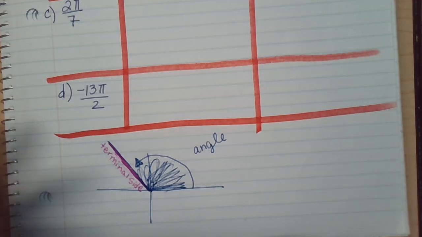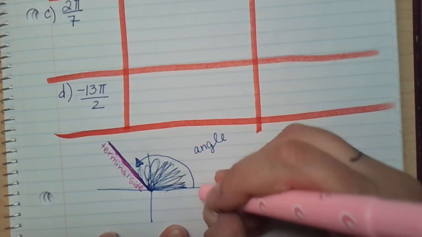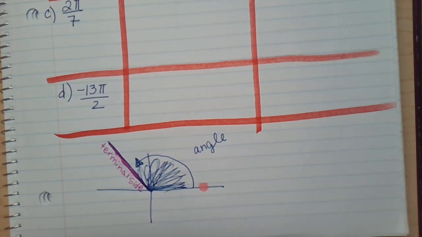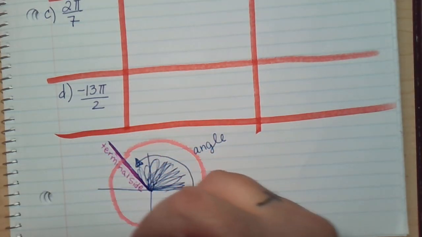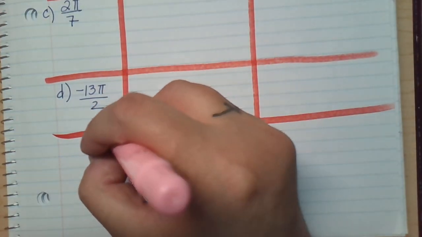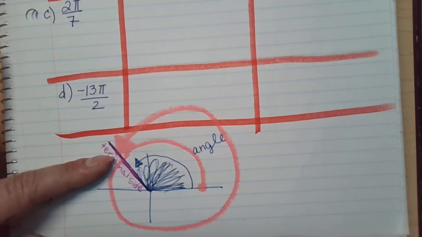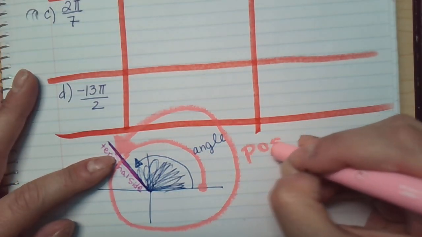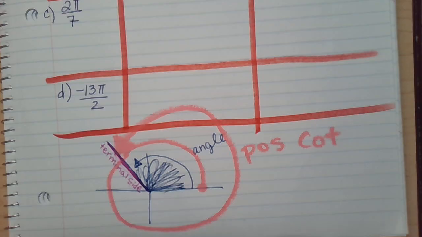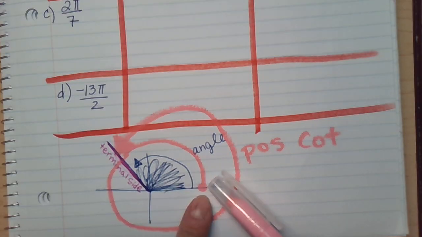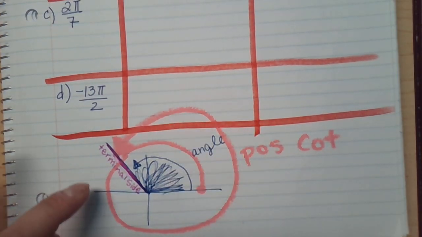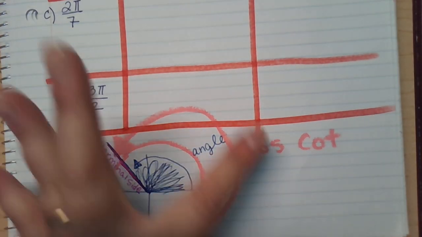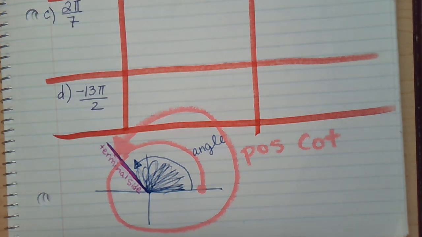If I want a positive one, I start in the same spot, go all the way around the circle, and come back and land at that same spot. That's a positive coterminal angle because we start in the same spot and go up and around.